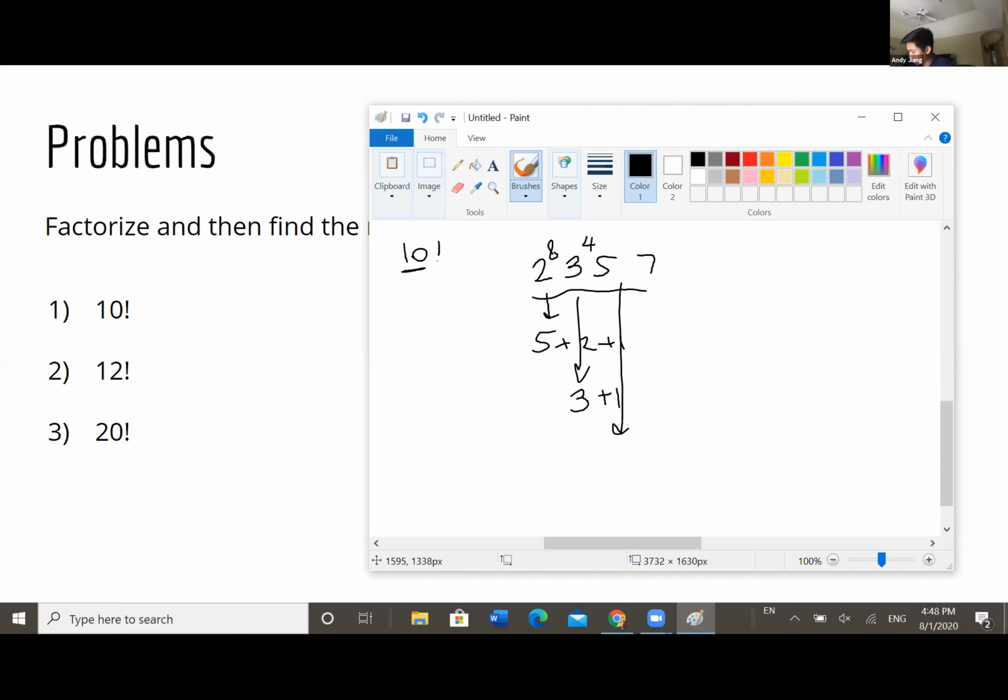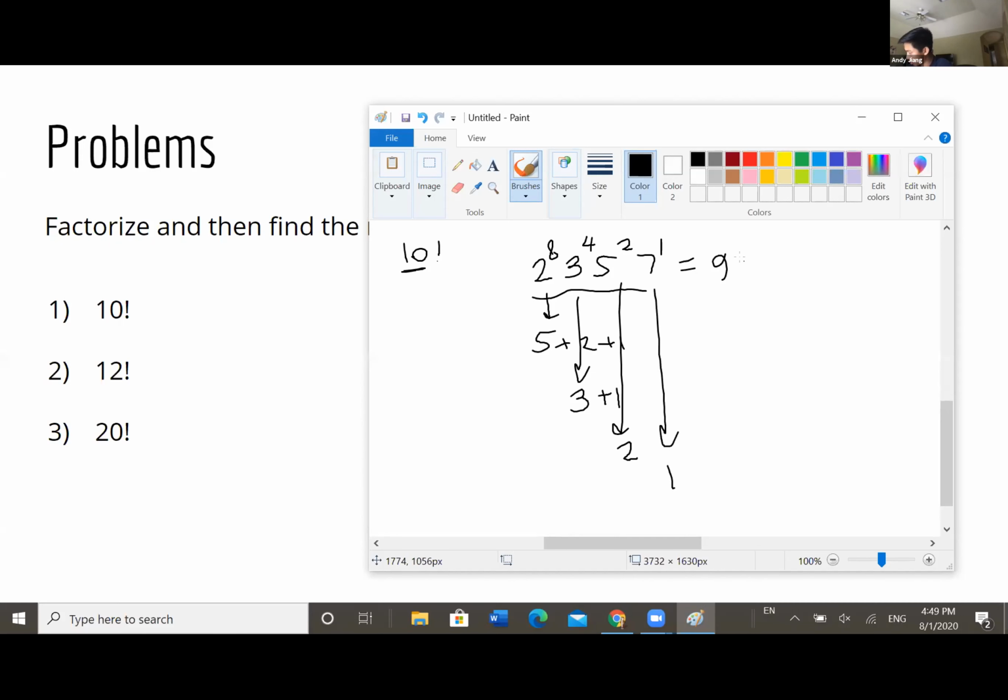For 5, 10 divided by 5 is 2. I can just stop there because 2 is less than 5. And then finally, 7, 10 divided by 7 is 1. Okay, and then to find the number of factors, I just add 1 to each one.